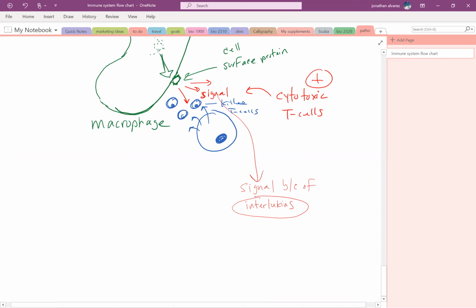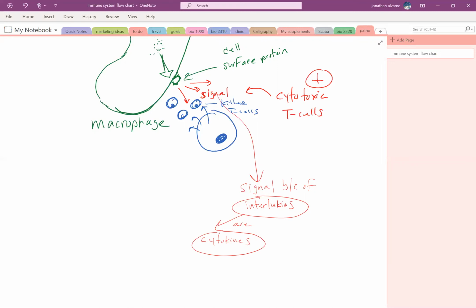It gets a little fancy, gets a little tricky here. Interleukins are cytokines. Cytokines are proteins that send out signals.